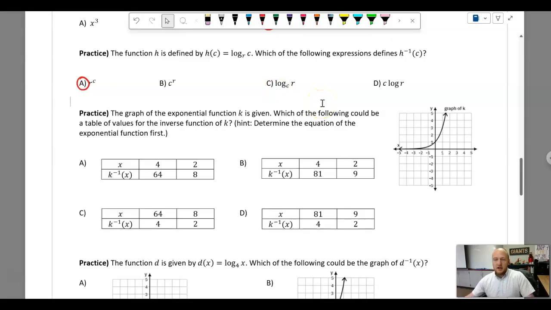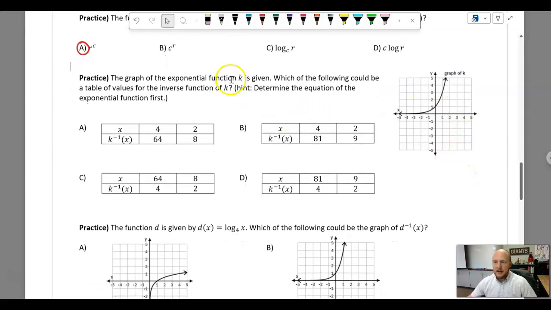Okay, next, we're going to go ahead and look at some exponential functions here. And k is given. Which of the following could be the inverse of k? What is the inverse of k? Go ahead, pause this, and I'll show you the answer here in a second. How I would approach this is I would get values here for my function for k. So 0, 1.